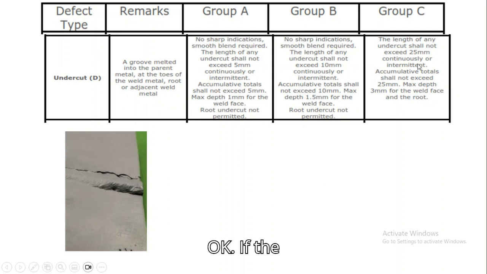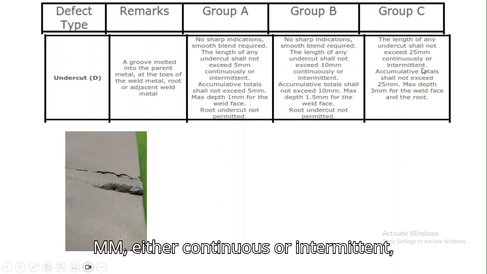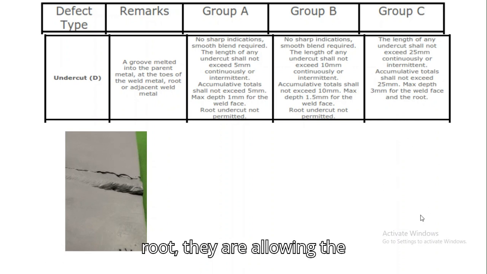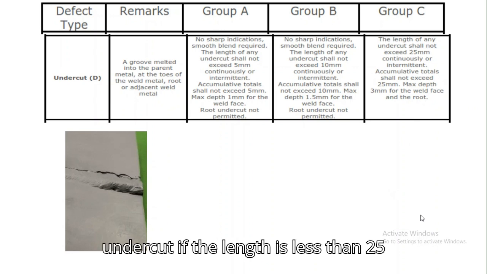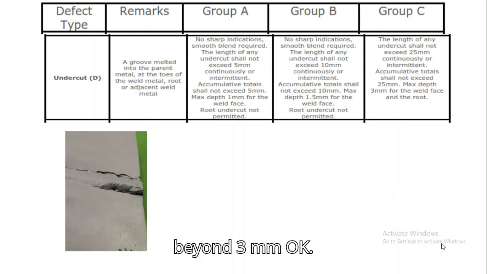If the length exceeds 25 mm, either continuous or intermittent, it is directly rejected. And here in root, they are allowing the undercut if the length is less than 25 mm, but the depth should not go beyond 3 mm.